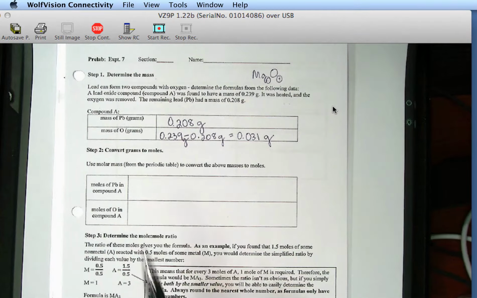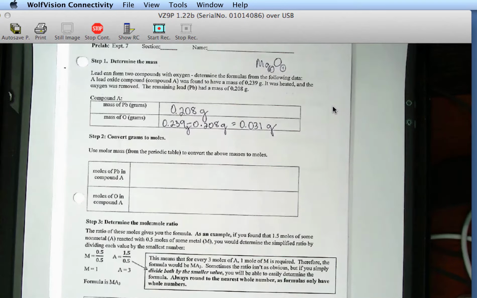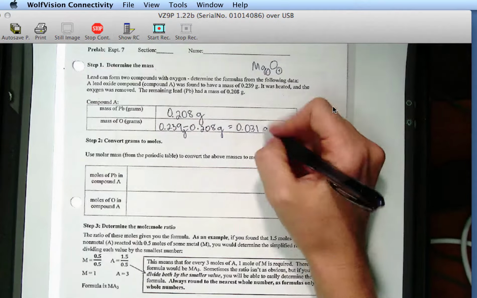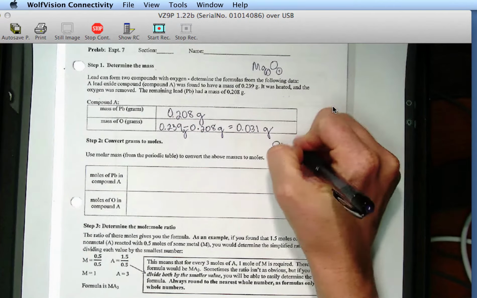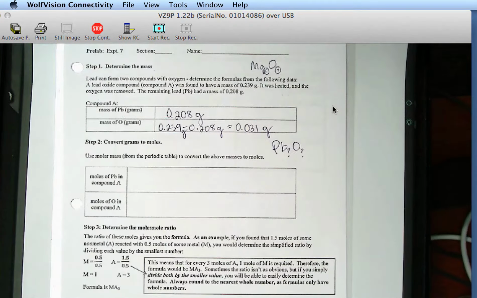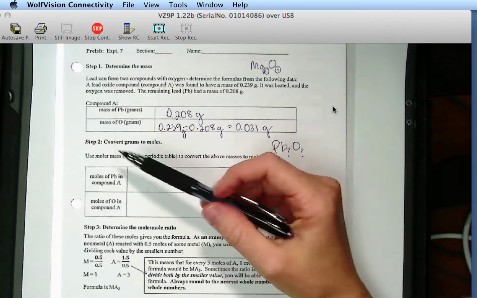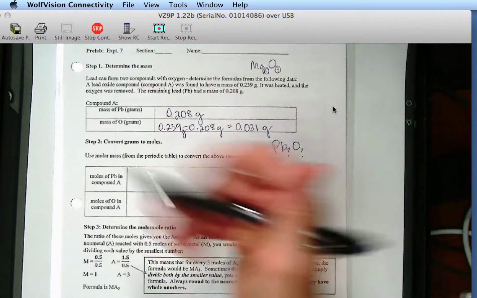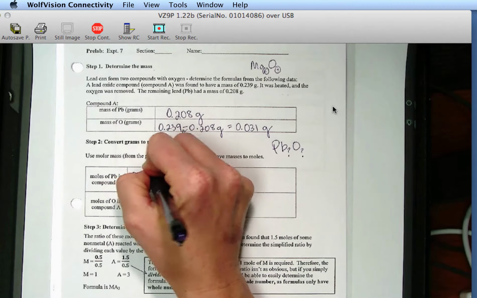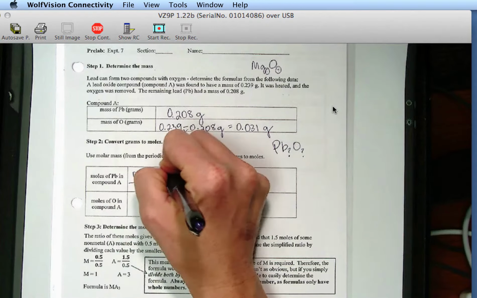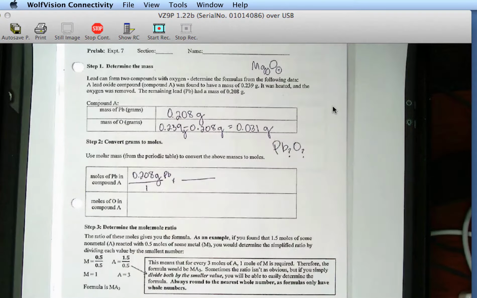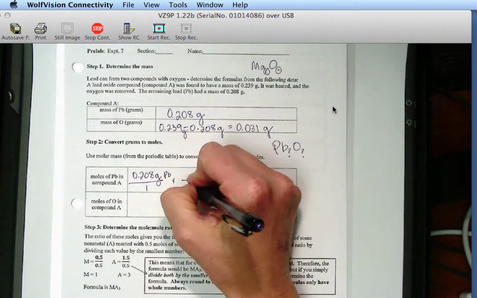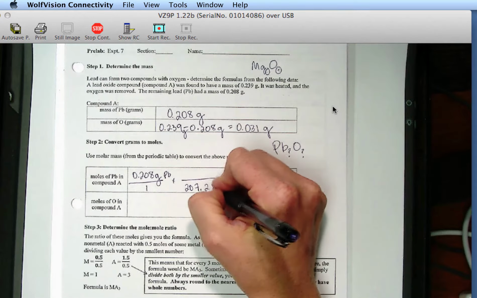Now, the next step, and remember the goal is we're trying to figure out what the formula of this lead oxide compound is in this pre-lab. So you're going to convert the number of grams to moles. I need to convert 0.208 grams of lead to moles. So I'm going to use the molar mass. If you look on the periodic table, lead has a molar mass of 207.2 grams.